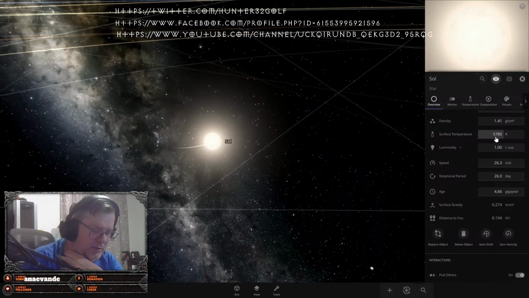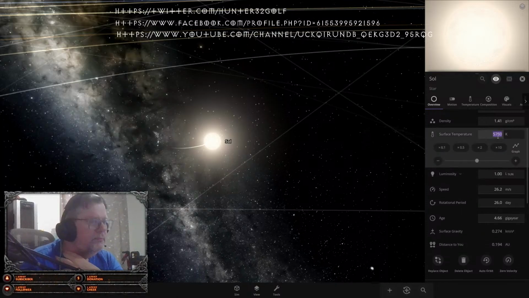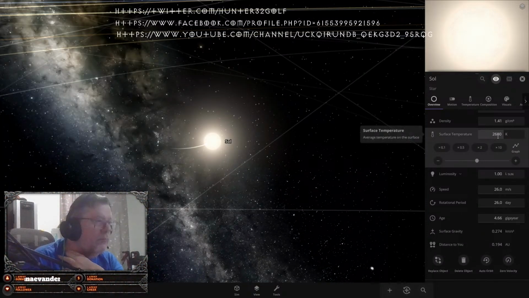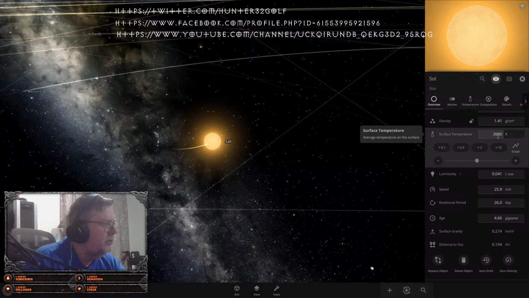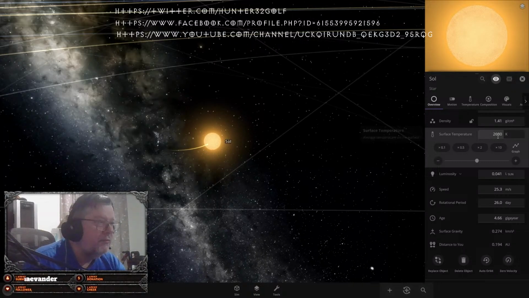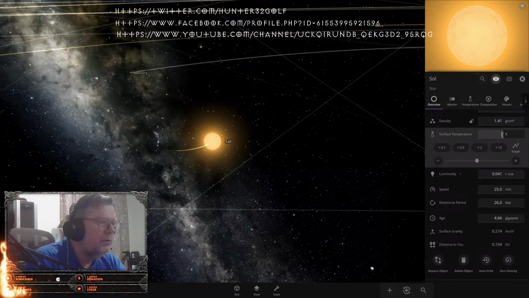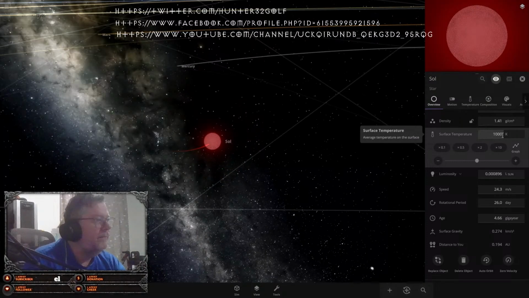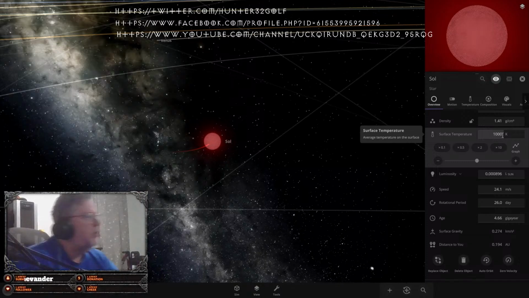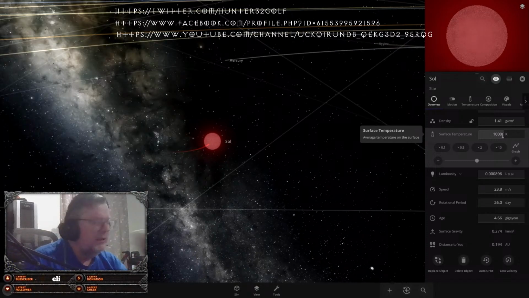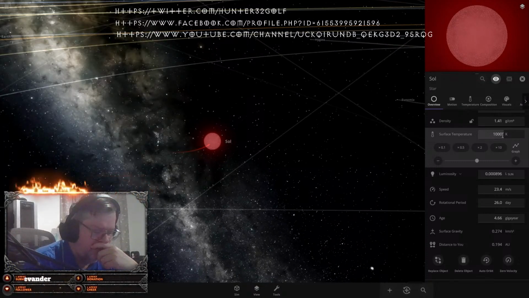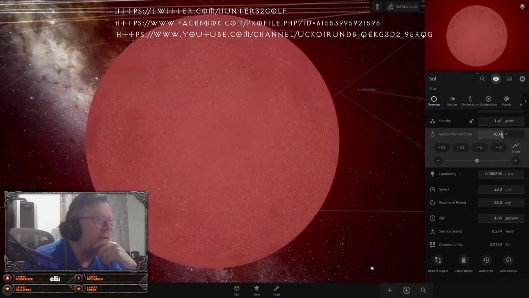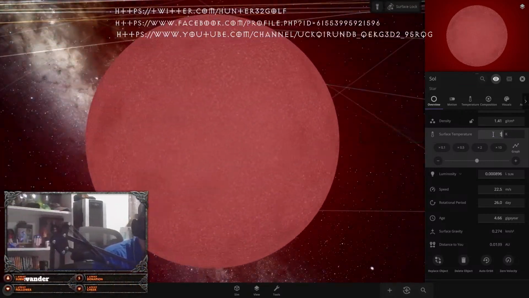So we'll say 2,600, right? See the color change. Now it's more reddish. We can go down to 1,000 Kelvin. And now it's red, right? And this is what we would call a red dwarf. Now we were at 5,700 normally.